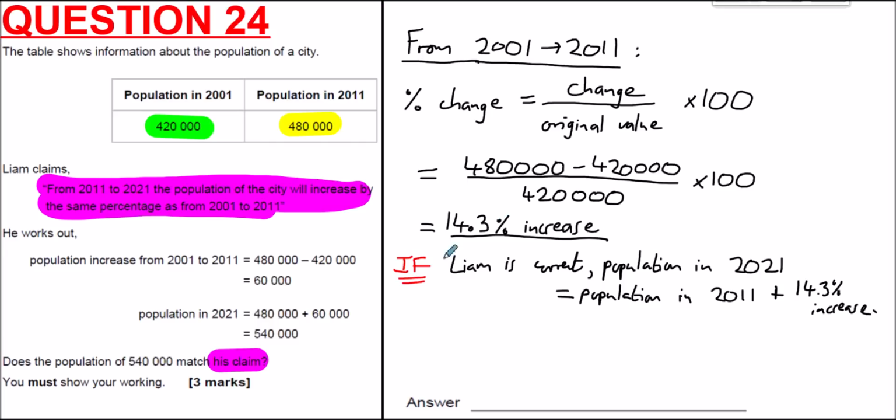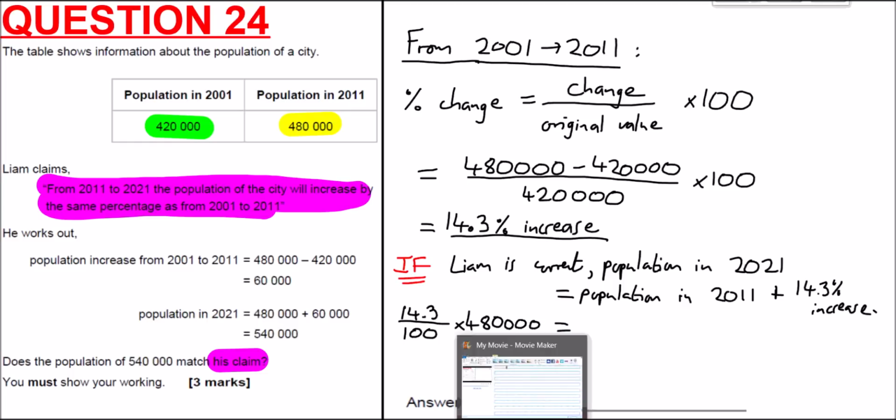So we can work out 14.3%. 14.3% means 14.3 out of 100. 14.3% of the 2011 population will be this percentage of 480,000.